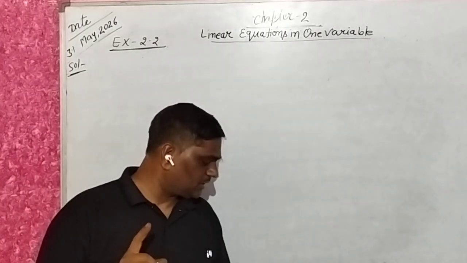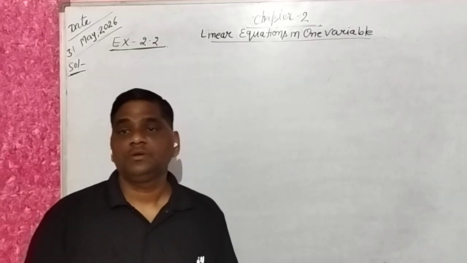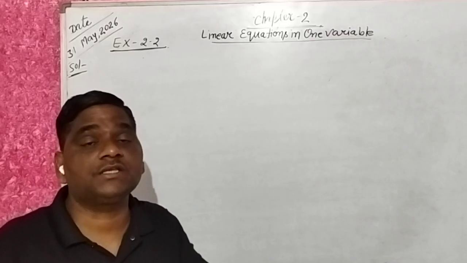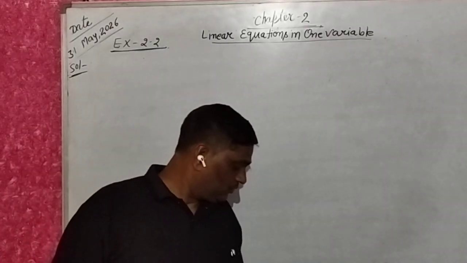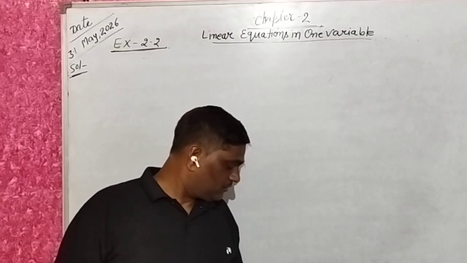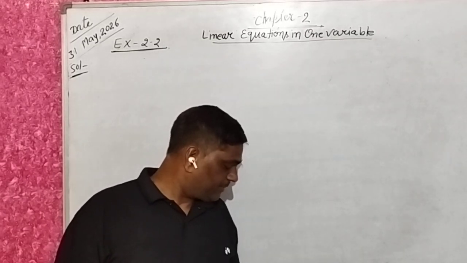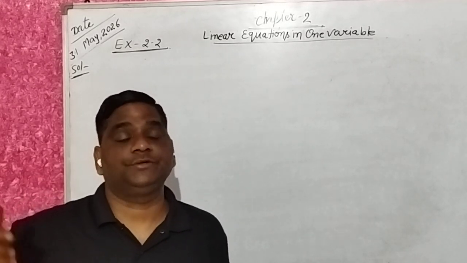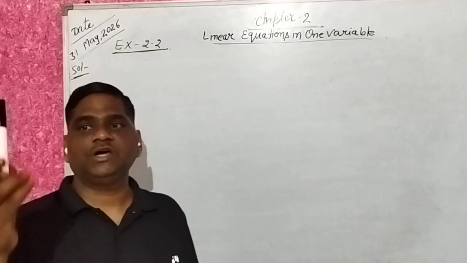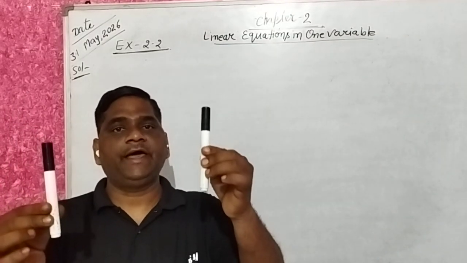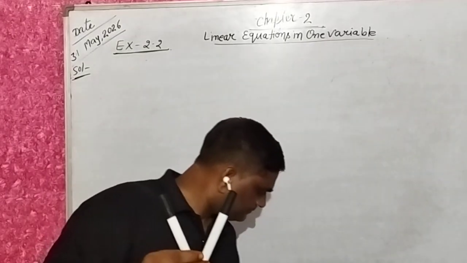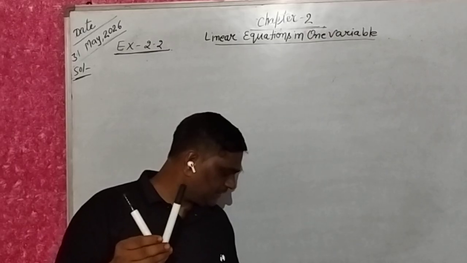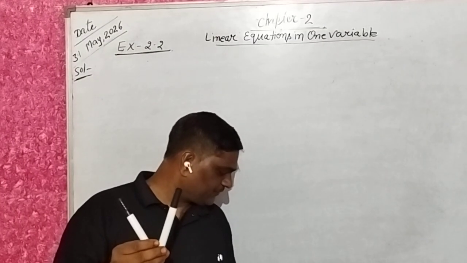Bajin's father is 29 years older than Bajin. What is the age of Bajin's father? 29 years more than Bajin. Bajin is x, father x plus 29. Then Bajin's grandfather is 26 years older than Bajin's father.